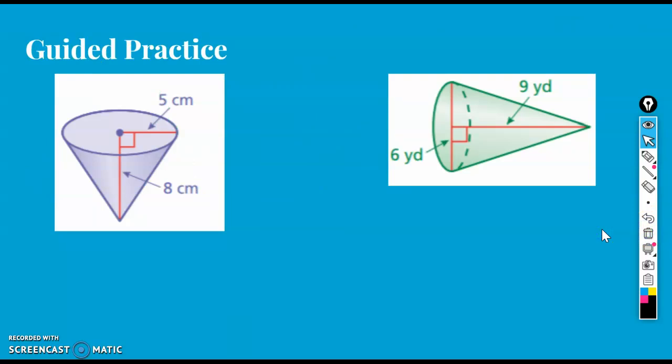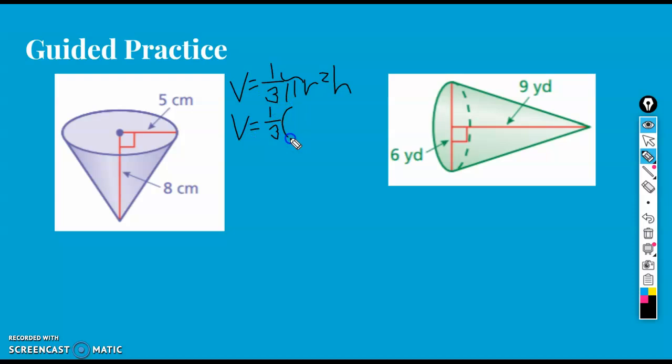Here we have 2 guided practice problems. Pause the video and see if you can determine what the volume of the purple cone is. We begin by applying our formula, which is volume equals 1/3 pi r squared times height.